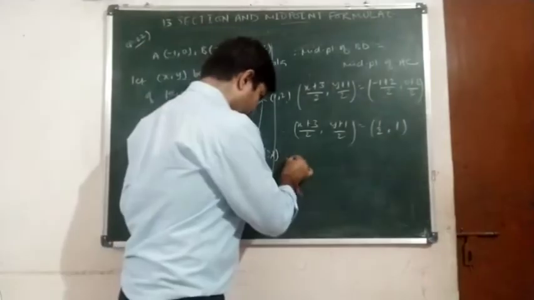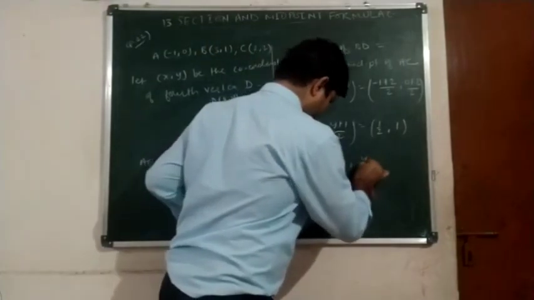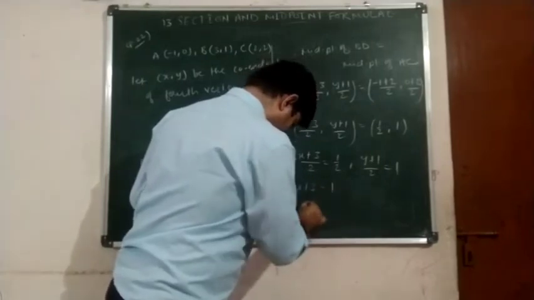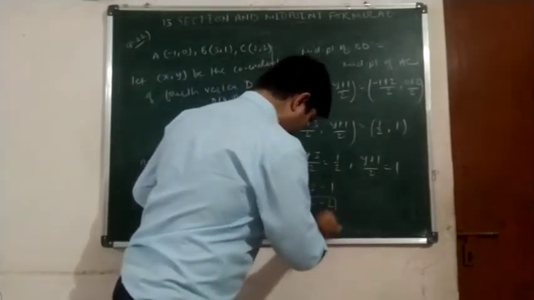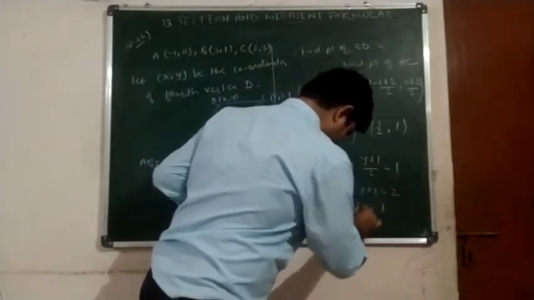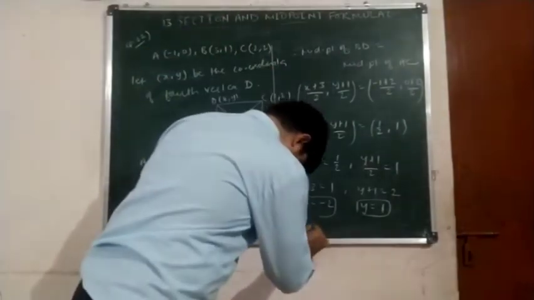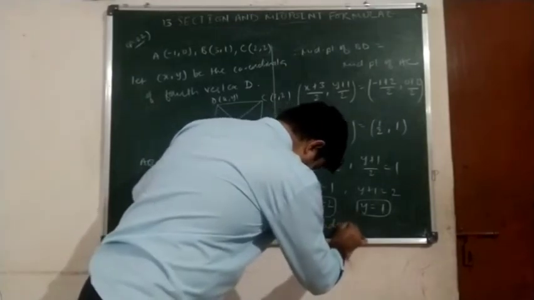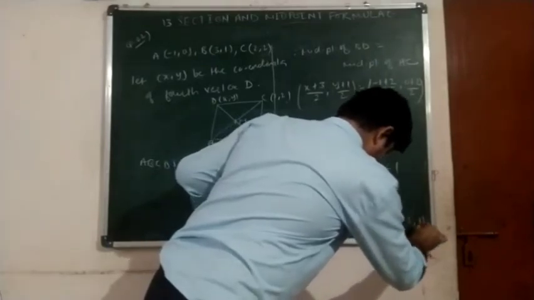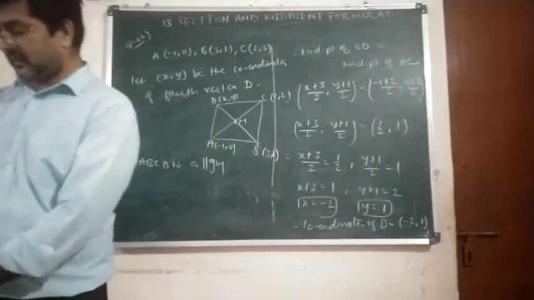Now we equate the x coordinates and y coordinates respectively. (x plus 3) by 2 is equal to 1/2, so x plus 3 is equal to 1 and x is equal to -2. (y plus 1) by 2 is equal to 1, so y plus 1 is equal to 2 and y is equal to 1. Therefore the coordinates of D are (-2, 1). So this was again an easy question.